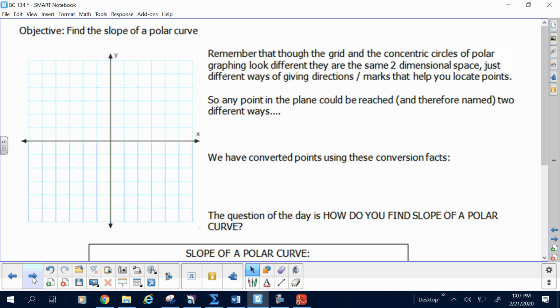I just want to make sure that you understand the nature of polar versus rectangular. If I say graph 2 plus 3i, where do you go? Right 2 and up 3.